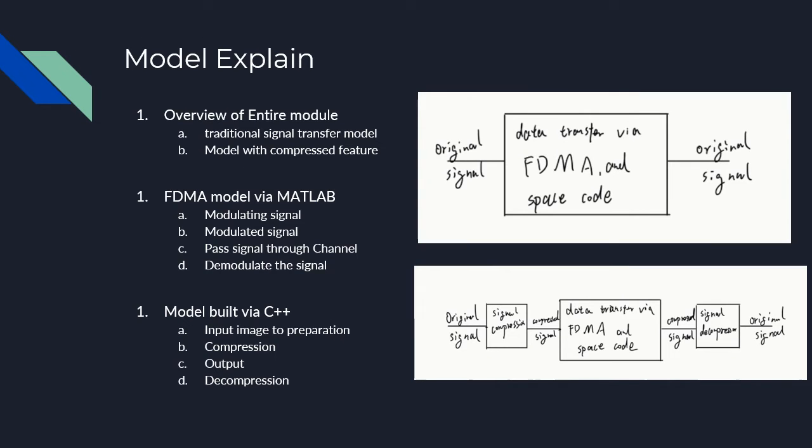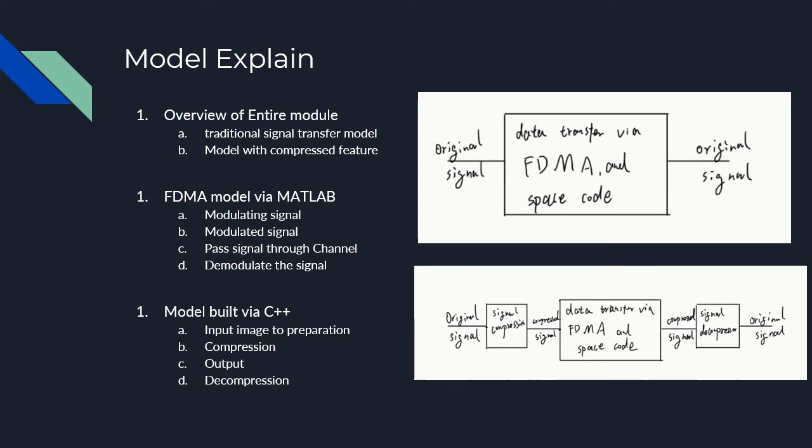In this slide, I'm going to introduce my module. The traditional module, as you can see above, is that we transfer the signal via FDMA and by space coding, and the original signal will come in, go through some process, and then finally go out.